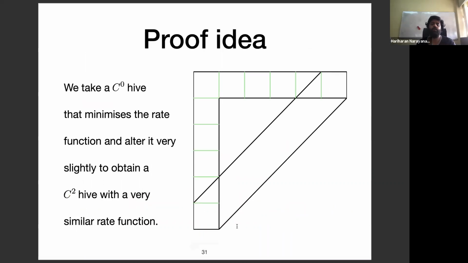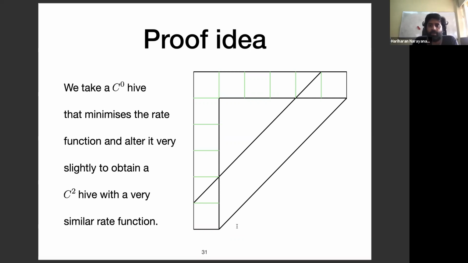Basically, one has to show that, suppose these boundary conditions are C2. When I say lambda and mu are C1, I mean that the boundary conditions, which are the antiderivatives, are actually C2. I need to show that if I take the maximum entropy C0 hive, I can do very close if I just take the maximum entropy C2 functions.